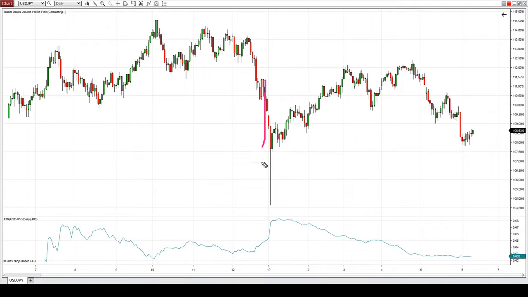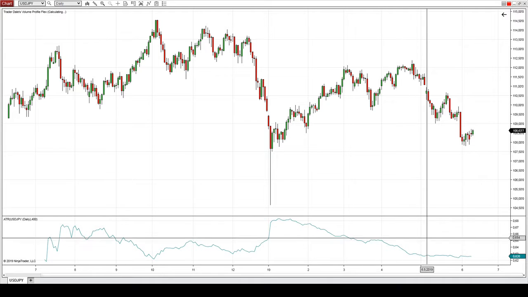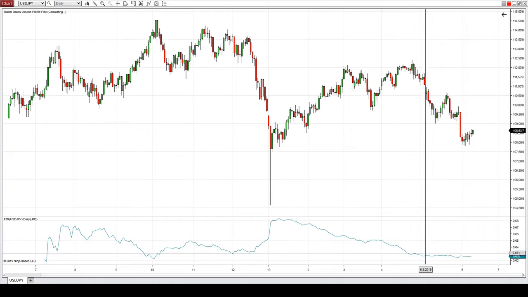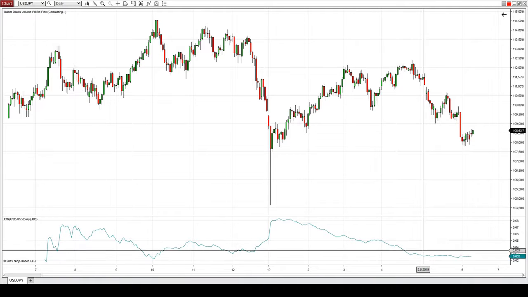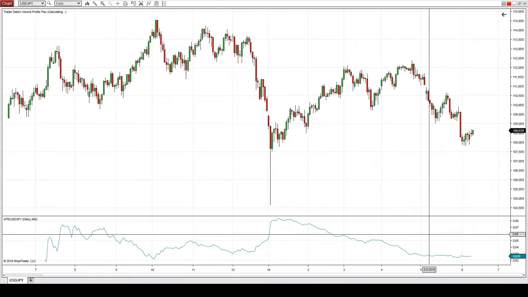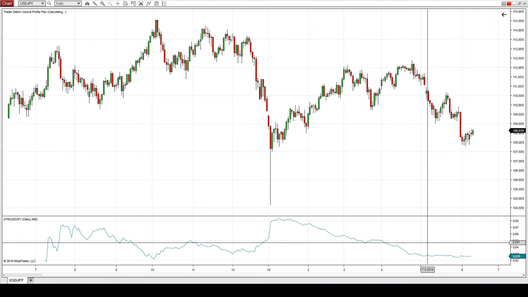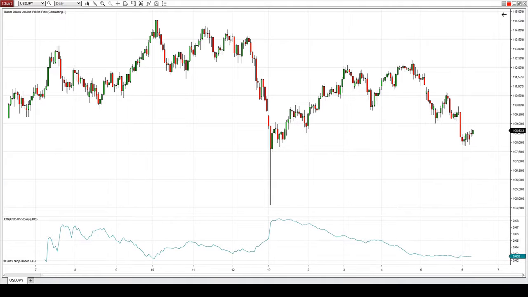It's caused mainly because of this crazy spike. This is not really usual, so you won't usually see such a rapid rise in volatility. All right, so it's quite safe to say that the average volatility is somewhere between 63 to, let's say, 66 or 70. It doesn't really matter, it's just a few pips. All right, so this is how you can set the profit target and stop loss for your intraday trades.